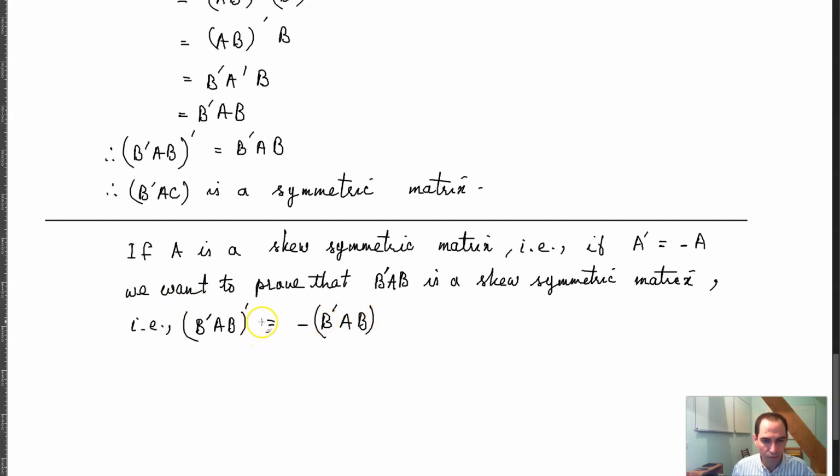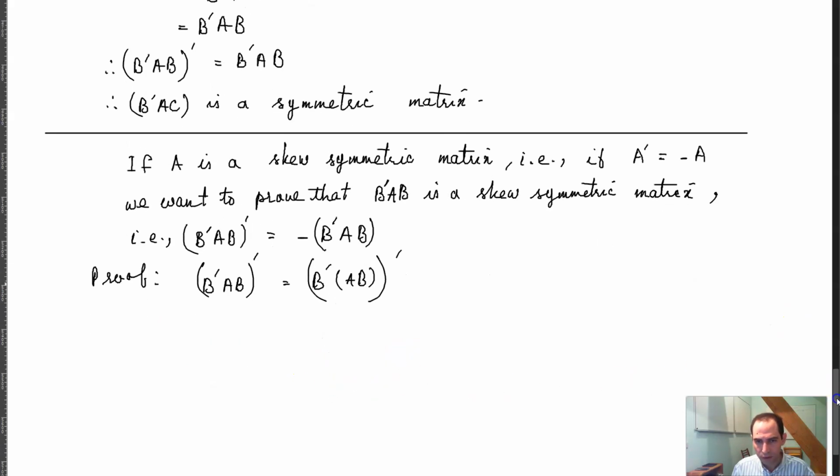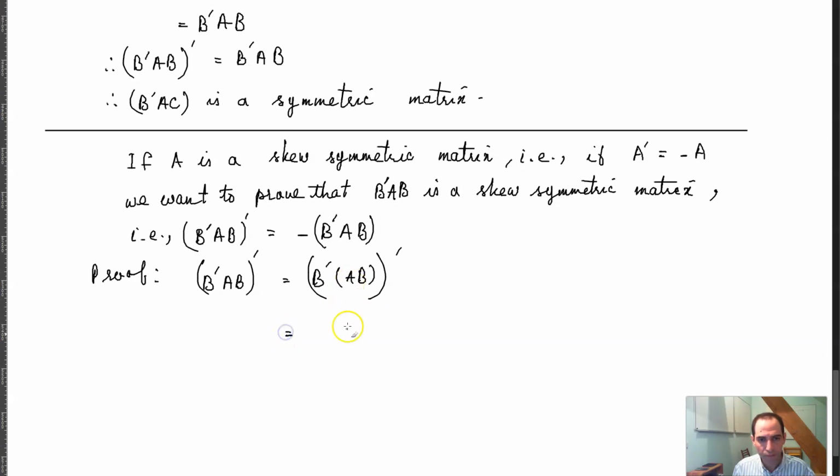Now, if I start from the LHS of this equation, I'll have (B prime AB) whole prime. I can write it as (B prime times AB) whole prime, which is the same thing as (AB) whole prime times (B prime) whole prime. Okay?